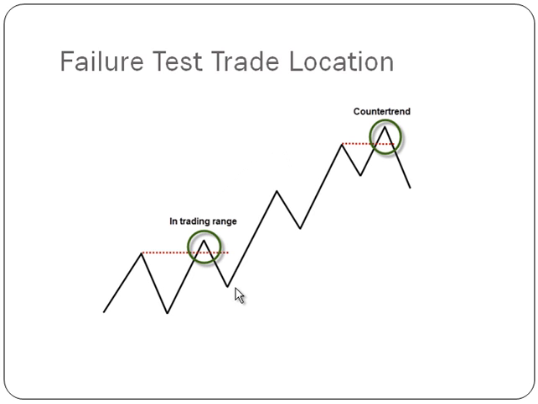Compare that to after this market is in a clear established uptrend. Here you have a counter trend entry. So there's a difference conceptually between an entry in a trading range and an entry in an established trend, which usually for these failure tests is going to be against the trend, a counter trend trade.